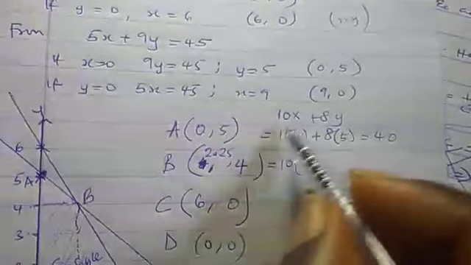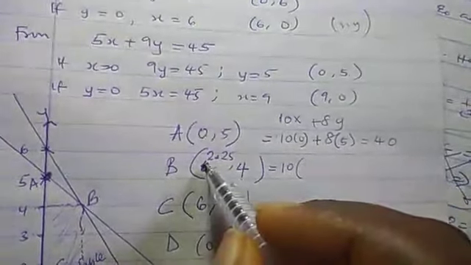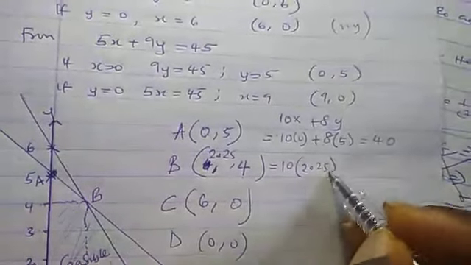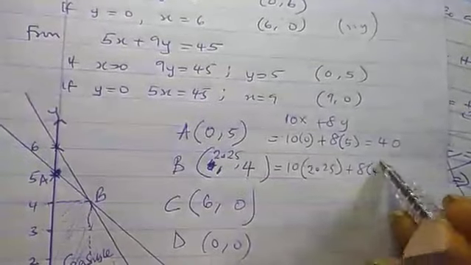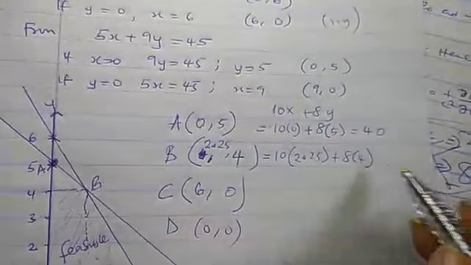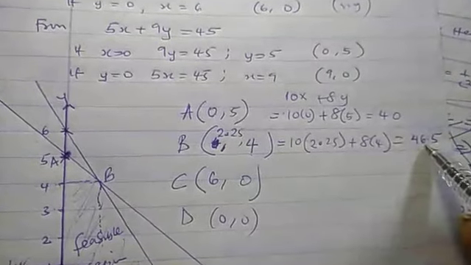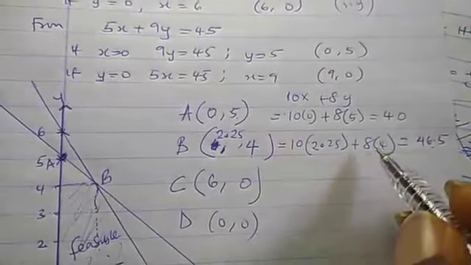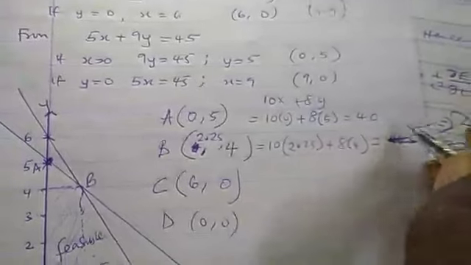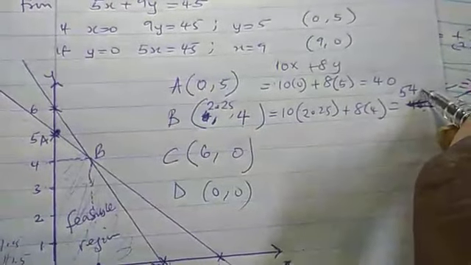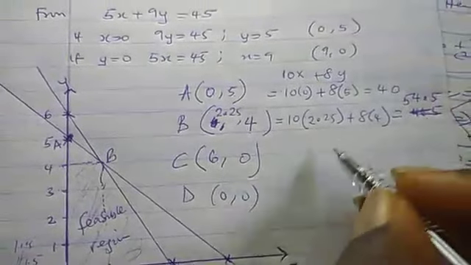The second one is 10 into 2.25 plus 8 into 4. So using our calculator, it will give me 54.5.